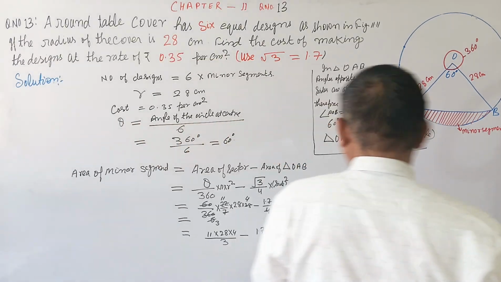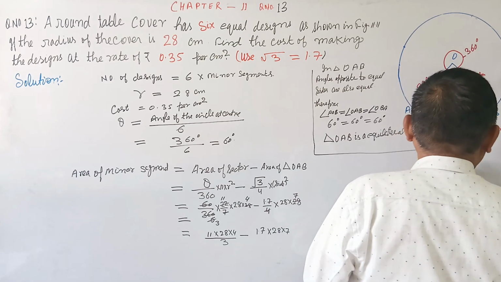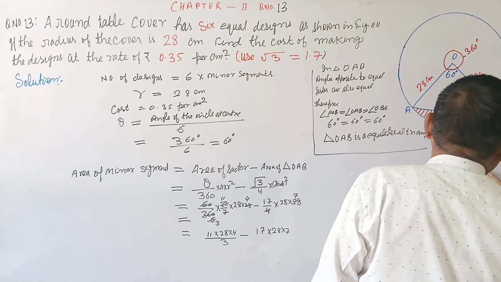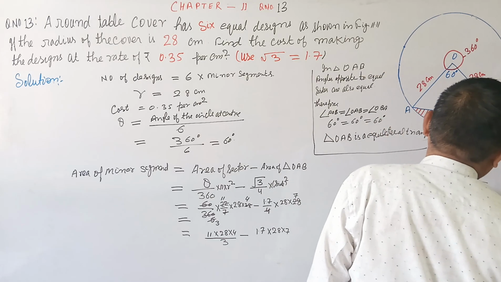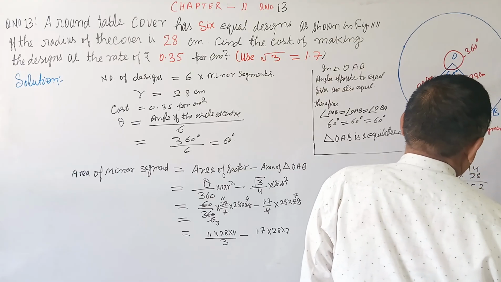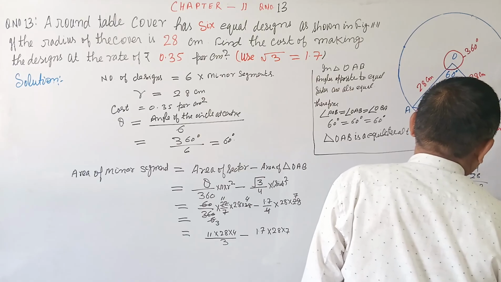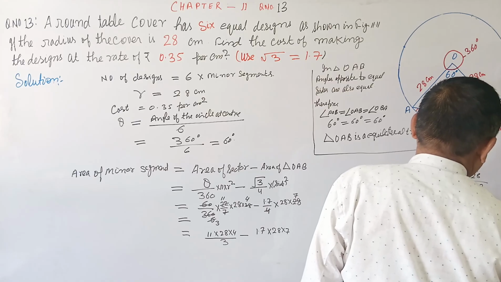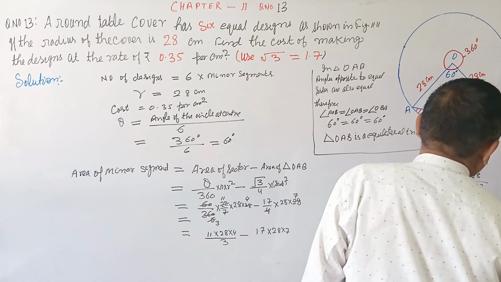Now let me calculate the values. Here 11 into 4 is 44, into 28. 8 fours are 32, plus 3 is 35. 2 fours are 8, plus 3 is 11... that is 1232 by 3.